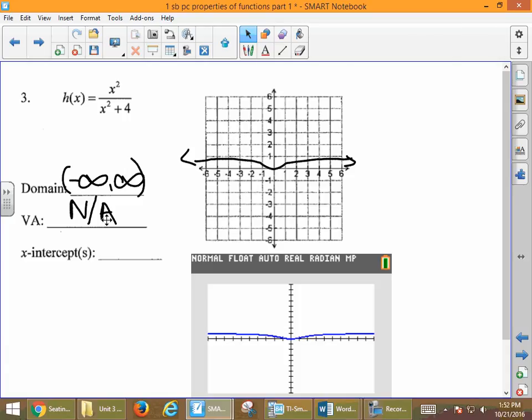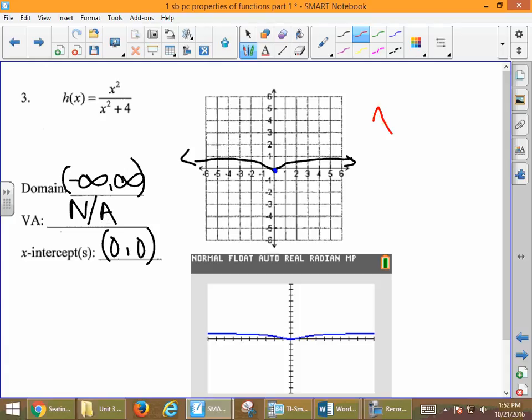Well, it looks like it is at the origin again, and it's not always. And we can come up with that as well by taking the numerator of the function and setting it equal to 0.